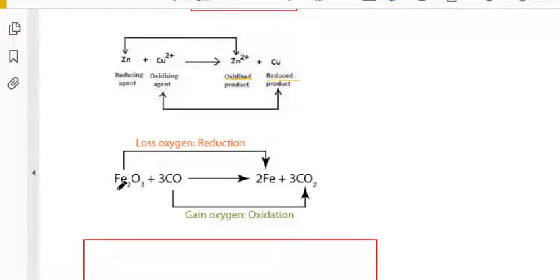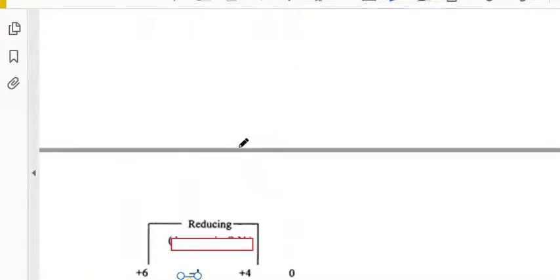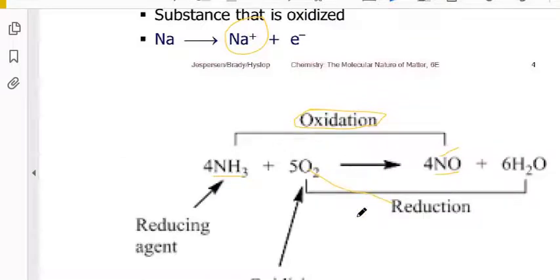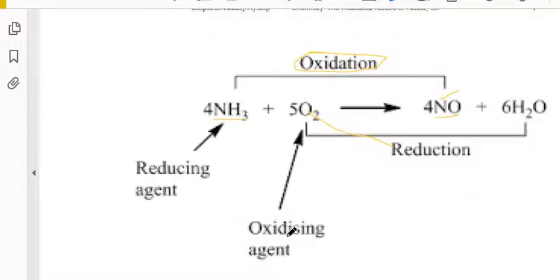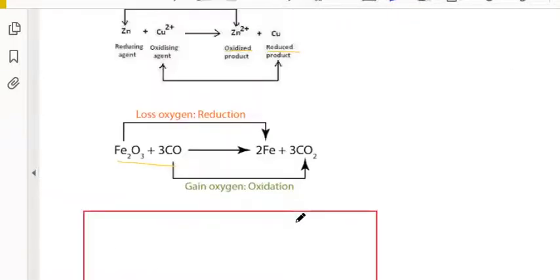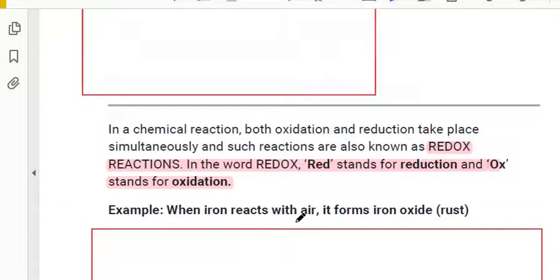Here it is with oxygen, but here there is no oxygen, which means reduction is taking place. Reduction means there is a loss of oxygen, right? And wherever there is reduction, this is also called the oxidizing agent. Clear? And when both take place simultaneously in the same reaction, that is called a redox reaction.